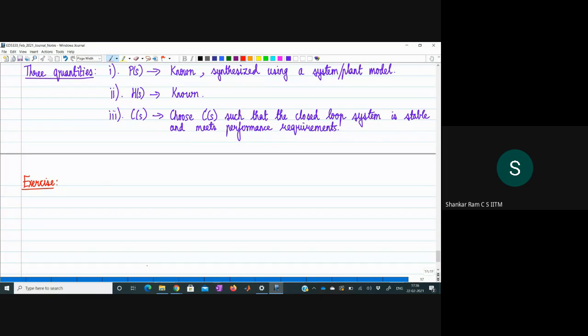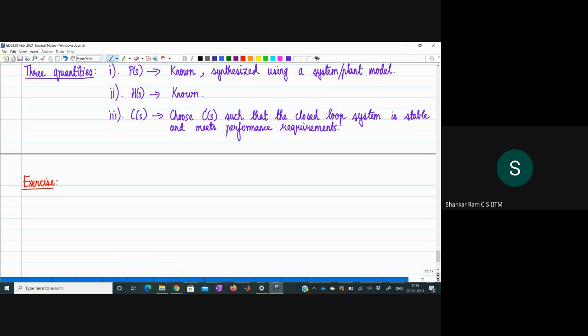Let it be the bicycle model, or the quarter car model for suspension, or some other relevant models like the roll model or pitch model. You essentially identify those models and get the corresponding plant transfer function.